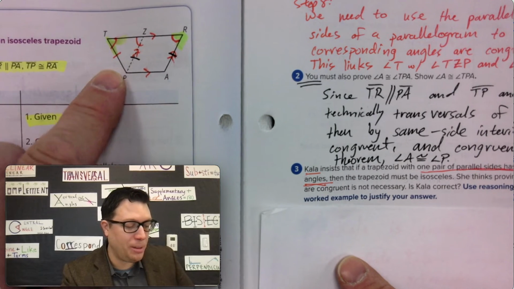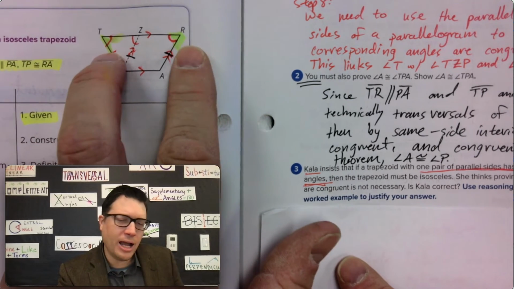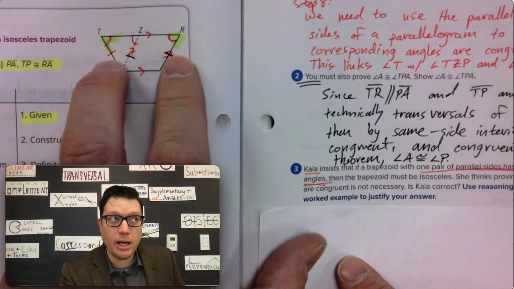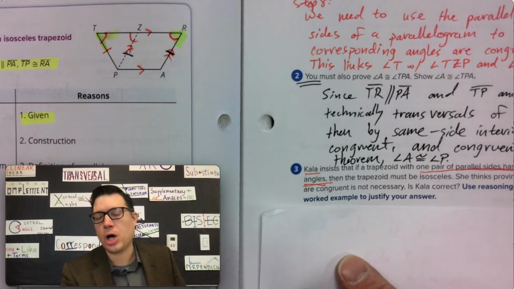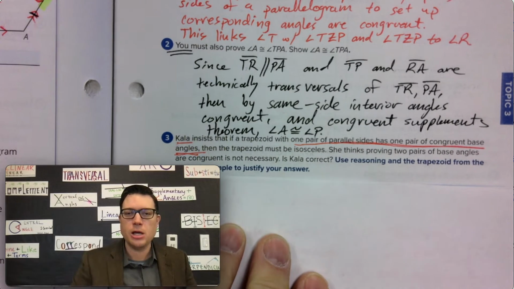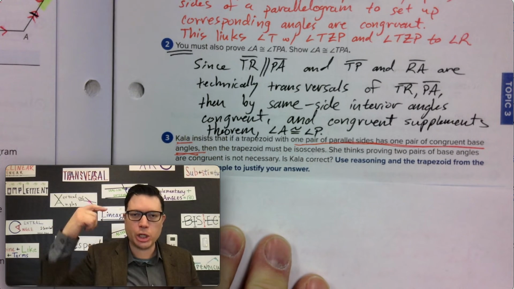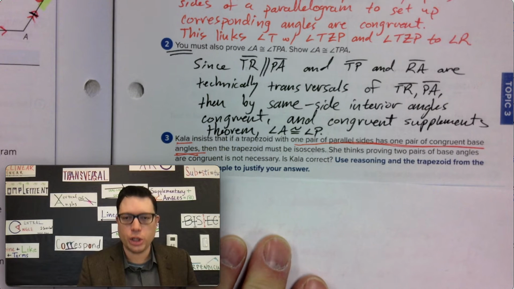Angle T and angle P, all of angle P, are same side interior angles. Since R and T are equal, then angles supplementary to equal angles must therefore be congruent. So we're going to say it like this: same side interior angles and the congruent supplements theorem tell us that angle A and angle P are congruent.